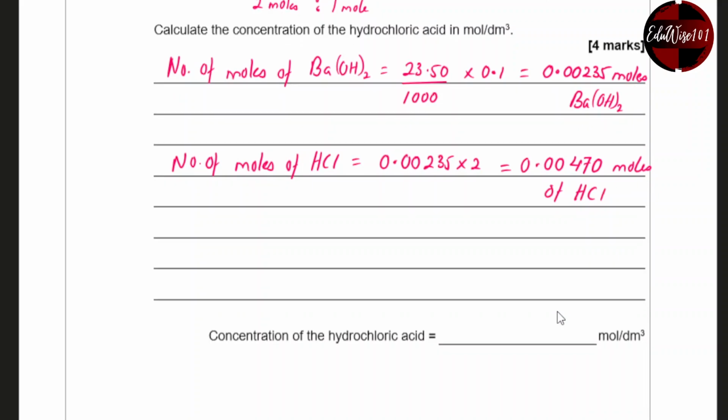Now I need to convert that back into the concentration because I'm only using 25 cm³. So 0.00470. So concentration equals, multiply that by 1000 and divide by 25. That will give me 0.188 mol/dm³.